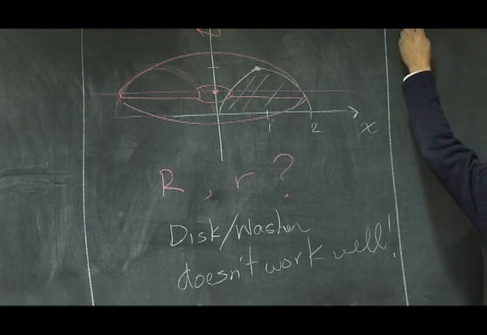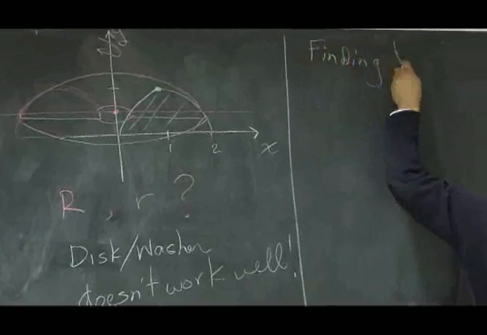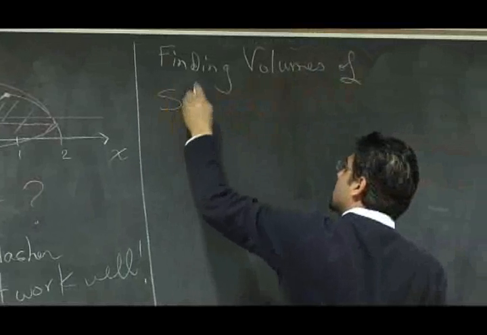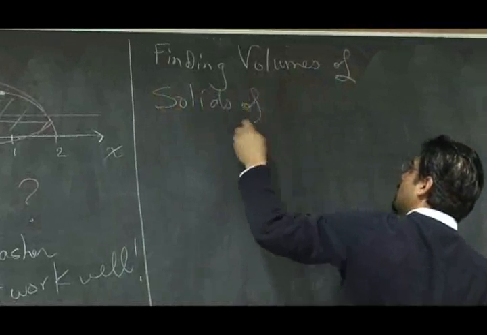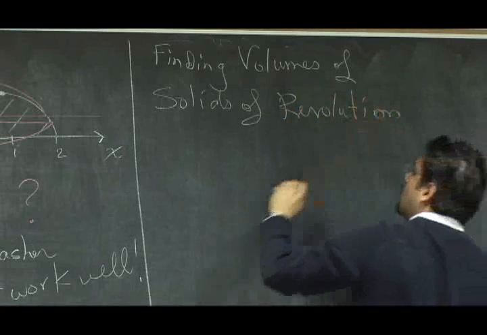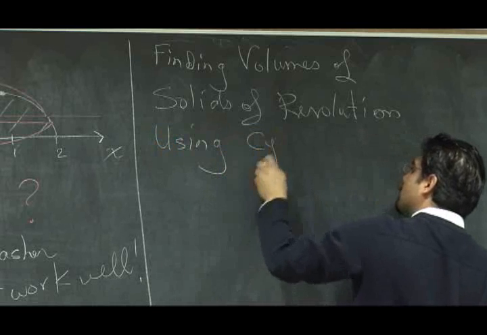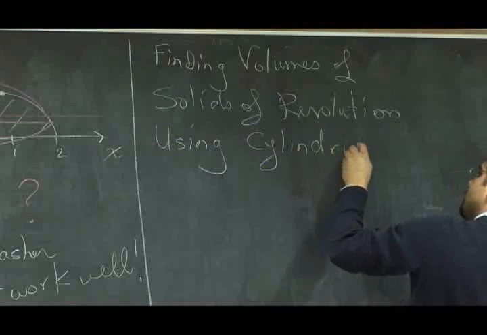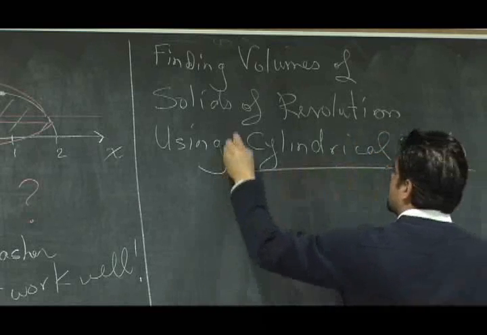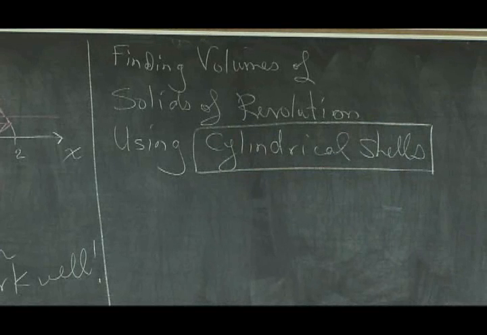The new method is called finding volumes of solids of revolution using cylindrical shells. Okay, and here's the idea.